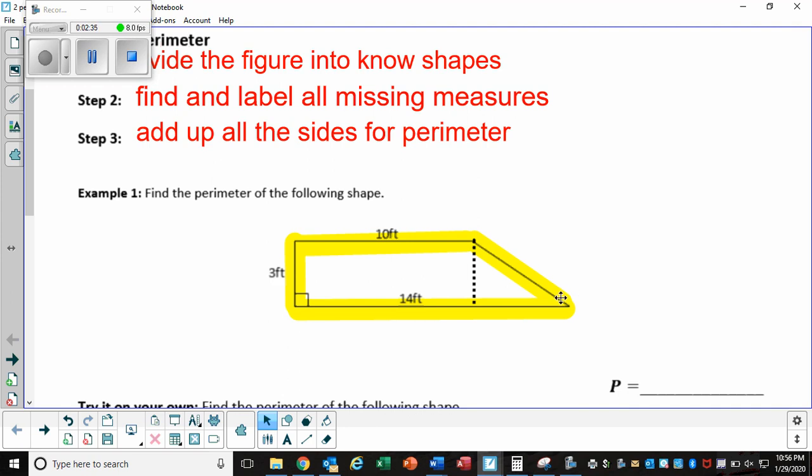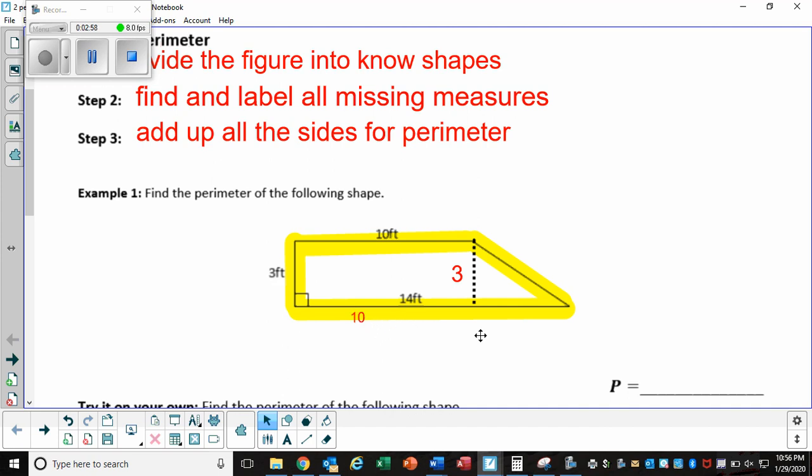So I have to do a little investigation first. For Pythagorean Theorem, I need this side, which I know is 3, because it's the opposite of that one. I also need this side. Now I know the whole length is 14. This side of the rectangle has to be 10, because it's supposed to be even. There's a 10.